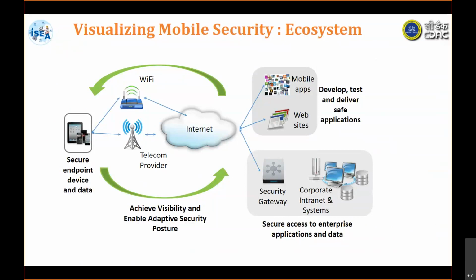Then there is the internet, and at the leftmost side, there are my devices. So using the internet, either Wi-Fi or data, I access those applications from the website. And if I similarly want to access my organization's application, then through a secured gateway there is a corporate hosting from where I get my data. So that is basically your end-to-end picture.